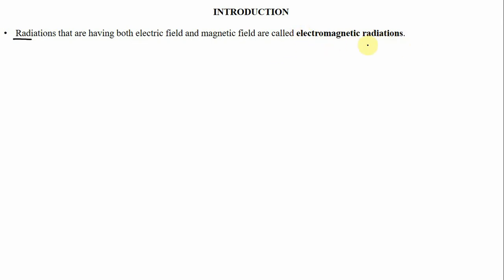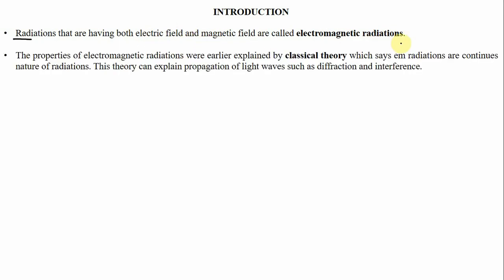Now what are electromagnetic radiations? As we all know, these are the radiations which have both an electric field and a magnetic field, and both these fields are perpendicular to each other. So radiations which have both a magnetic field and an electric field are called electromagnetic radiations.